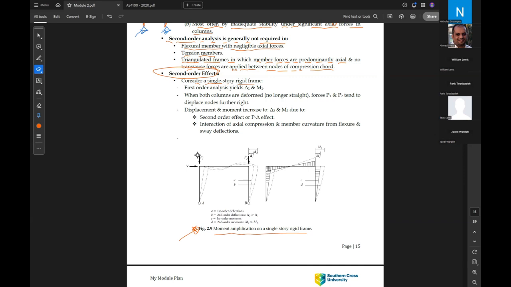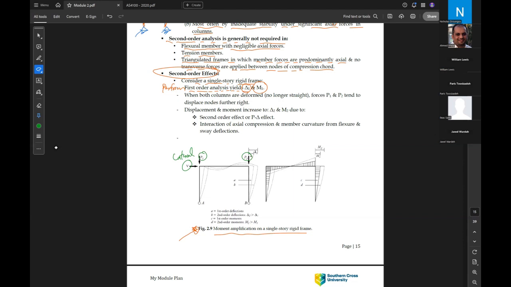So the first step, you need to perform a first order analysis to get delta and M1. If we look at this frame, it is subjected to some lateral forces, V, and also some unequal vertical forces. So under these forces, what will happen to this frame?